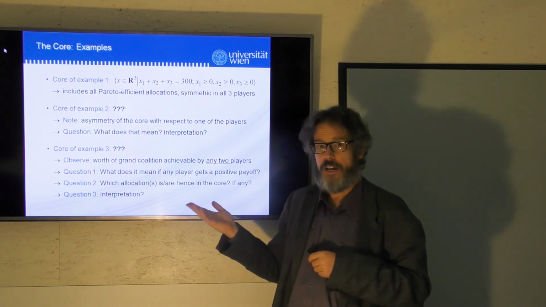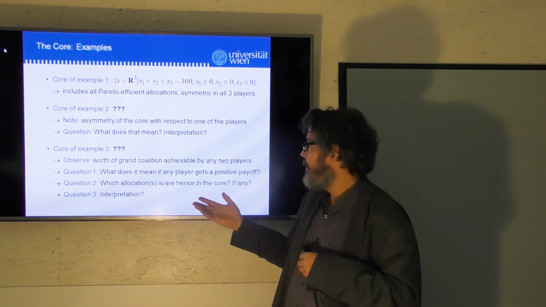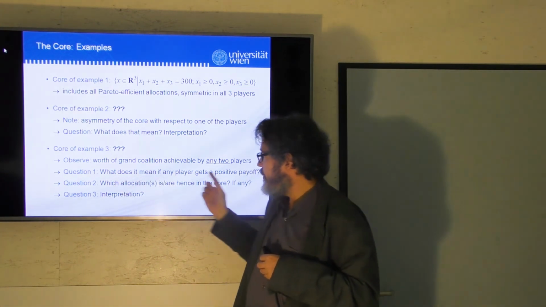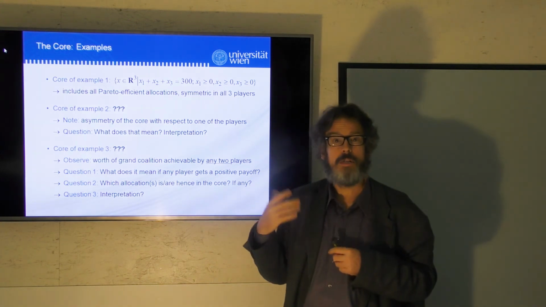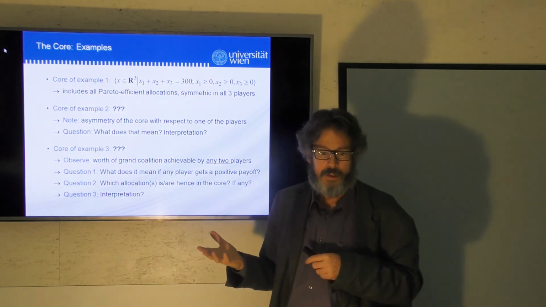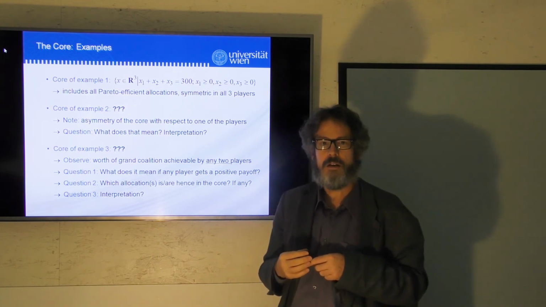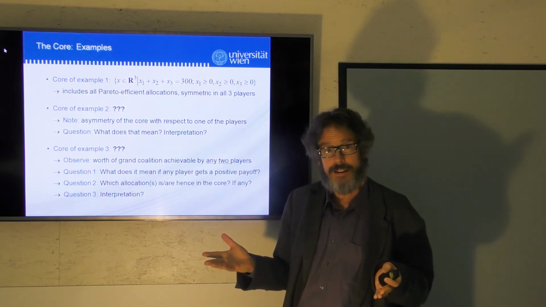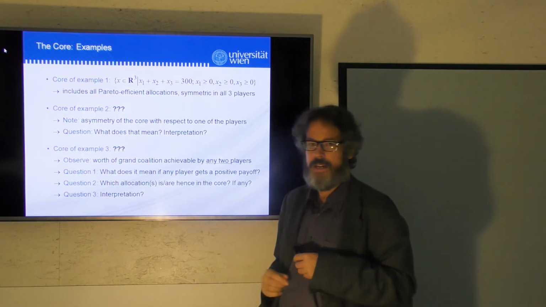What does this mean for the other 2 players? Could they do better? And based on this deliberation, please tell me which allocation or which allocations are hence in the core of this version, in the core of this example, if there is any. And again, what does that mean?